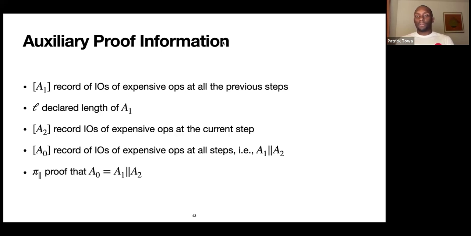And then A0 is going to be the concatenation of the two, and then you have a commitment to that. And I'm also going to compute, like I showed before, a proof that A0 is the concatenation of the two, assuming that L is the correct length. Okay, so this is going to be in the auxiliary proof information, which is public.